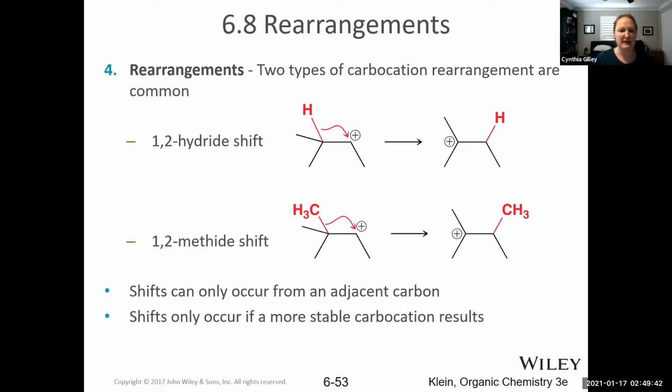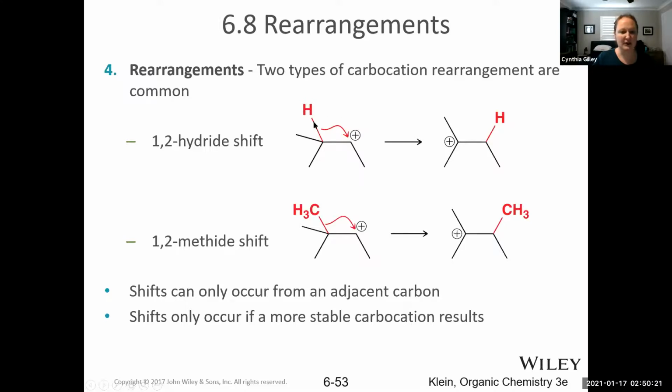Okay, so what you'll see here are 2 examples where there's a secondary carbocation. Those actually do form, they're stable enough to form, so it's okay to draw them. If you have the ability to shift a hydride over, we call this a 1,2 hydride shift because this was carbon number 1, and the hydride is coming from the adjacent carbon, carbon number 2. Again, because there's overlap of the empty p orbital and the bonding orbitals, there can be a shift.